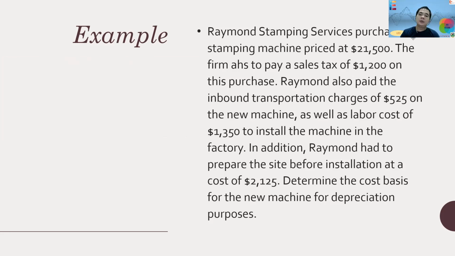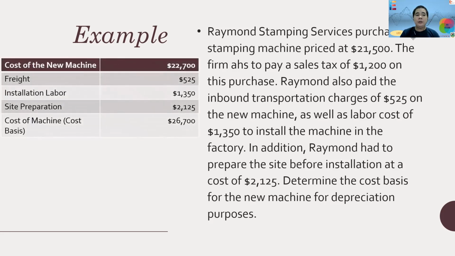In addition, Raymond had to prepare the site before installation at a cost of 2,125. Determine the cost basis for the new machine for depreciation purposes. So knowing that the cost of the machine is 22,700, the additional tax is part of the cost of the machine. So adding up all of the incidental costs, the total cost of your machine should be equivalent to 26,700.